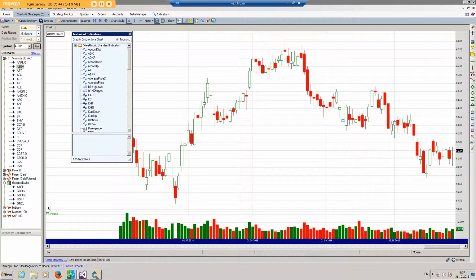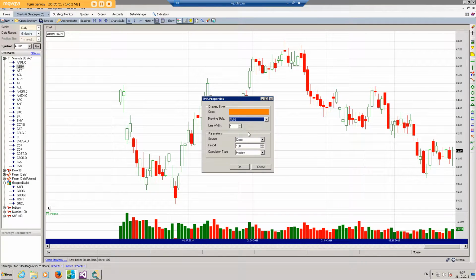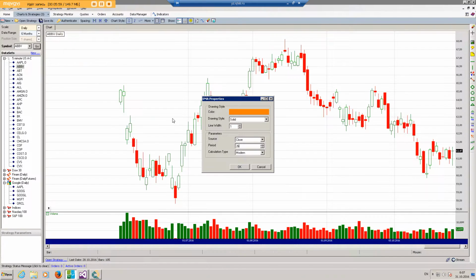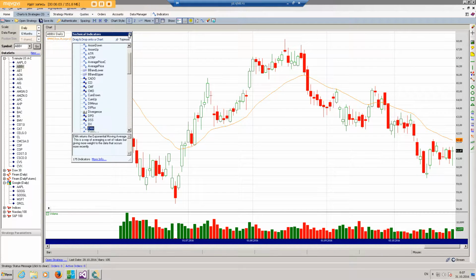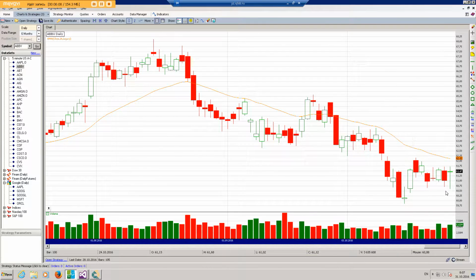So we plot an EMA with the period 26. Was it modern? It was legacy, right? So right here we select legacy. So this is what we have on our 5-minute time frame.